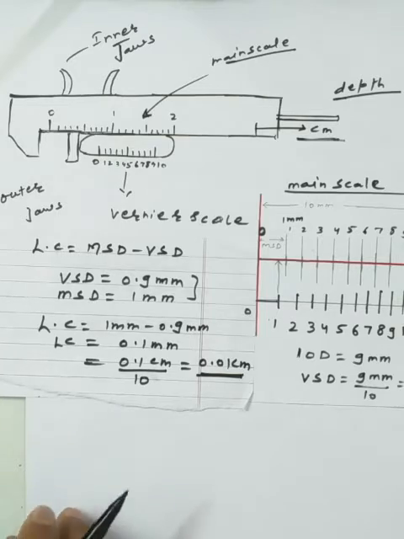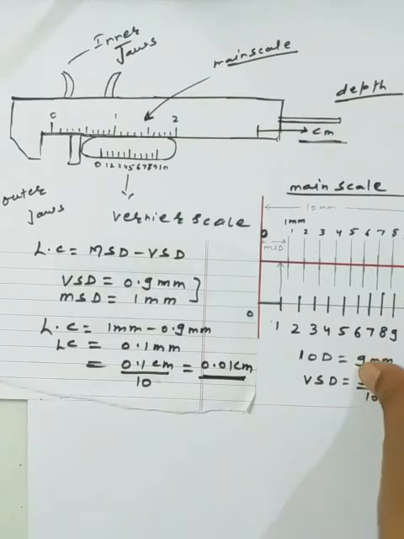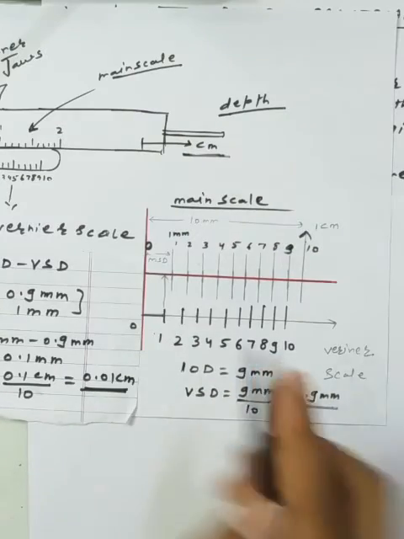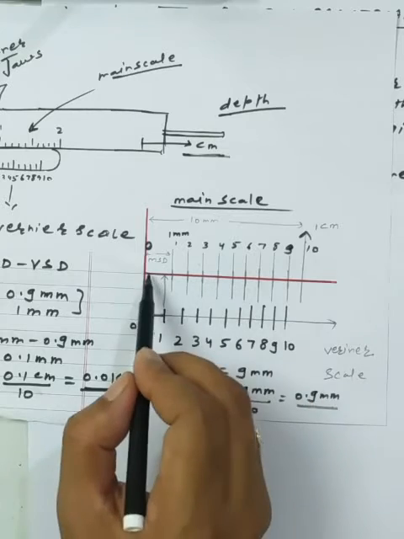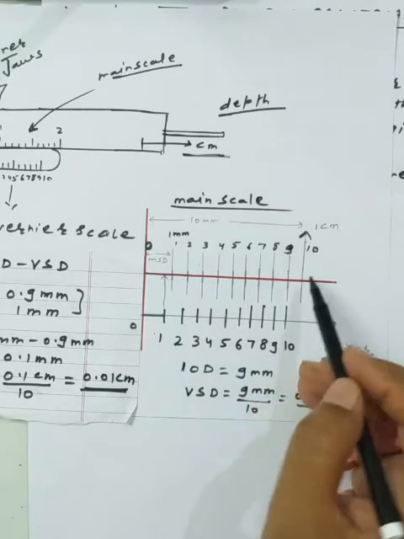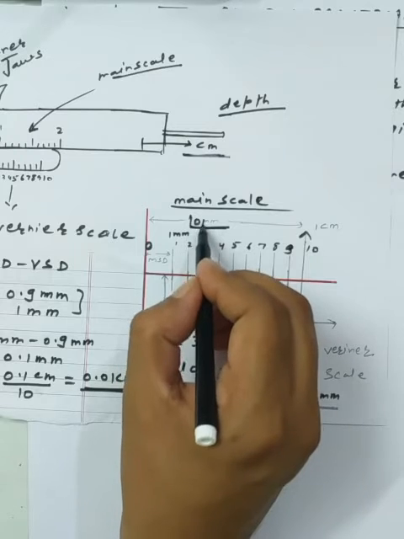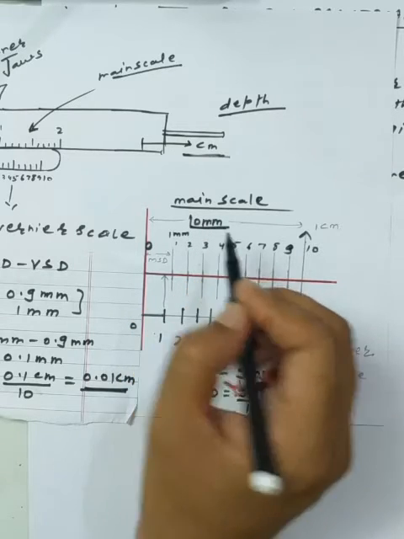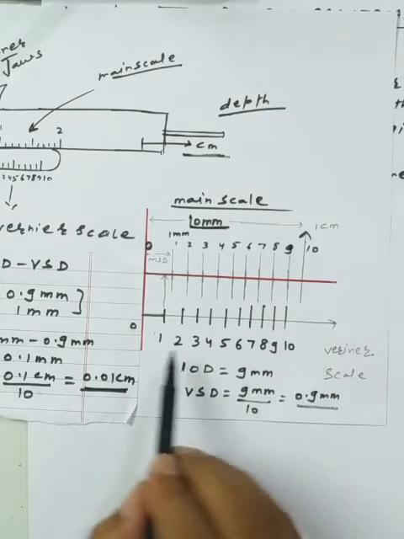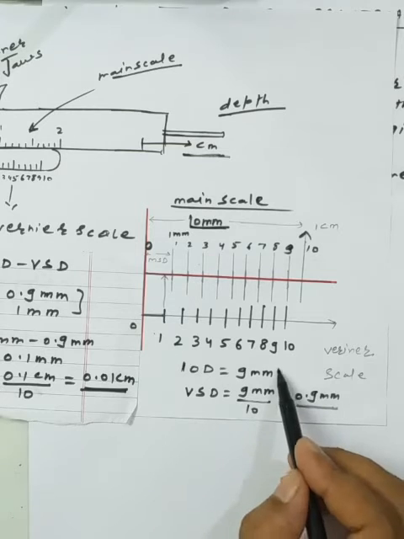So this is the simplest portion we have discussed: on the main scale, the 0 to 1 centimeter section has a length of 10 mm, and one division regards 1 mm. But on the vernier scale, 10 divisions comprise 9 mm.